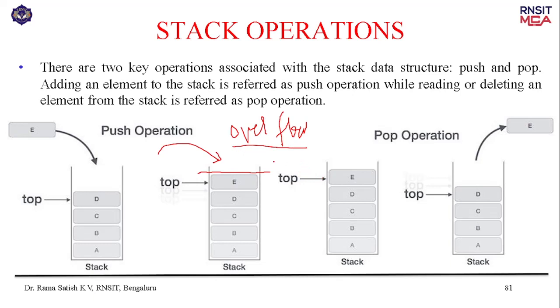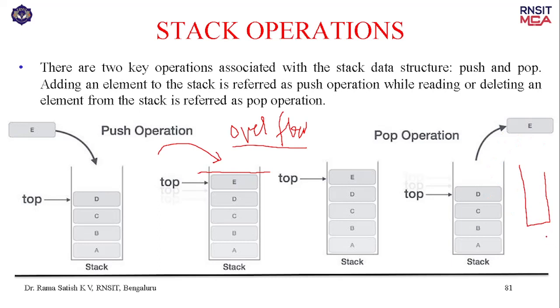But this overflow condition is only for arrays. If you implement a stack with a linked list, this overflow condition will not be there, because memory is dynamically allocated. There is no question of overflow. But remember, suppose you have popped all the elements. Now the stack is completely empty.